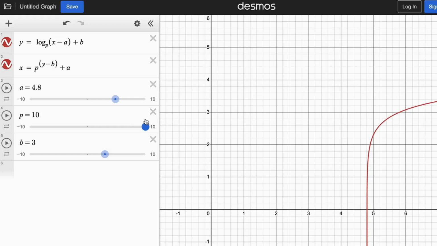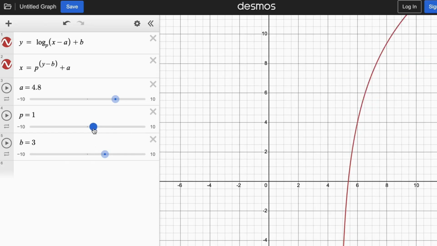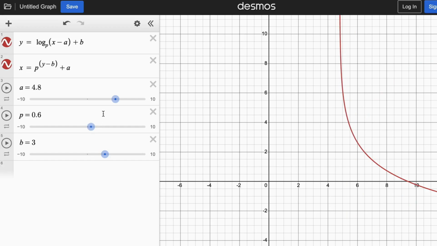As p gets bigger, this angle over here gets closer and closer to 90, and as we stretch it out further, it extends even more. If I went into the decimals, into 0 point something, it flips around like that. And once we go negative, it all breaks because we cannot have a negative base in a log. That doesn't work, so that's why it doesn't exist.